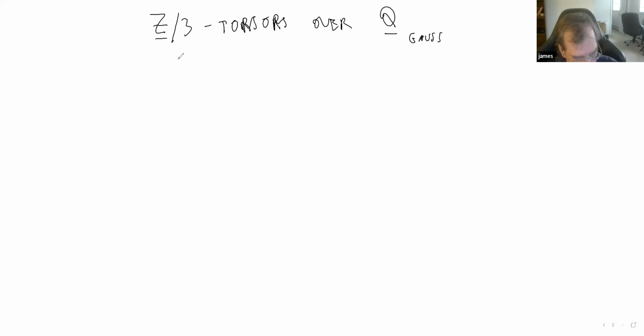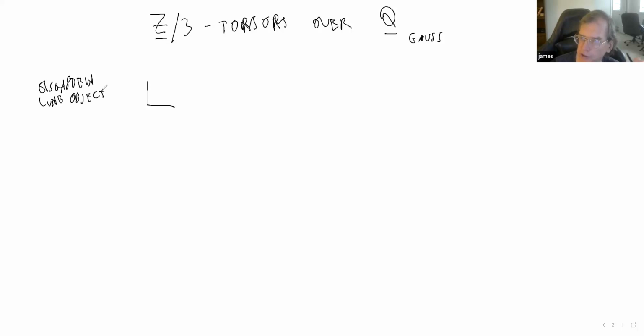Right. So, I mean, there's this Eisenstein line object L, and in this case, right, the Eisenstein line object is not a line object.